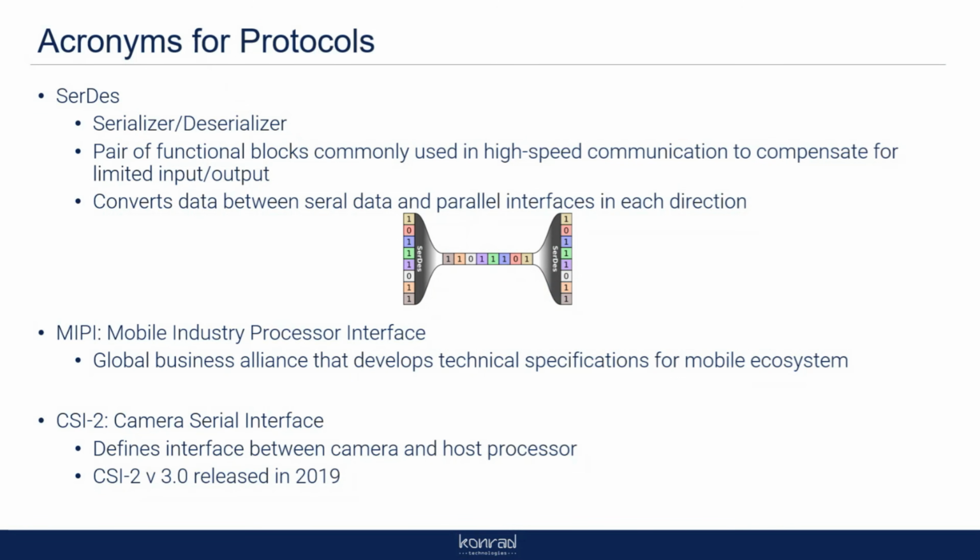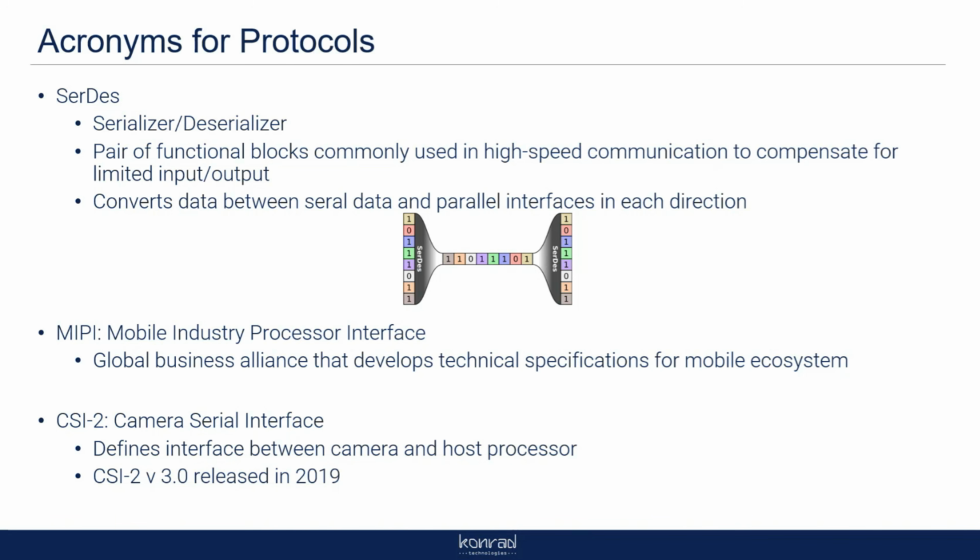So in general, I've been talking about a lot of these, but I have this page of acronyms so that everyone can go back to it. But SerDes, when you use that terminology, or a lot of times you hear people say LVDS, is a serializer-deserializer pair. So it's a set of functional blocks to compensate.